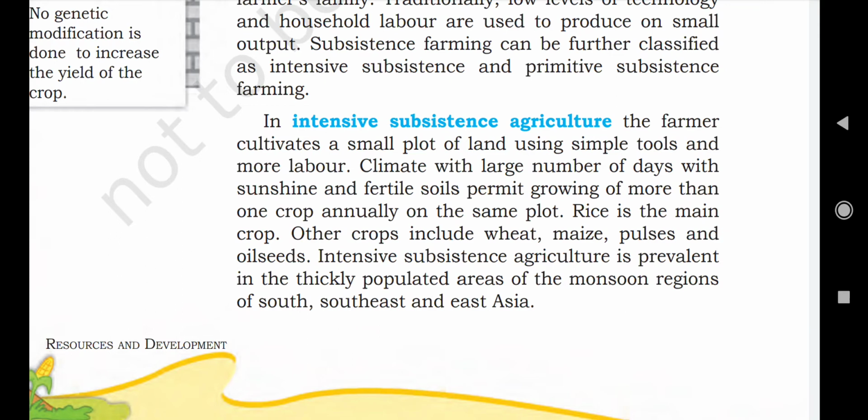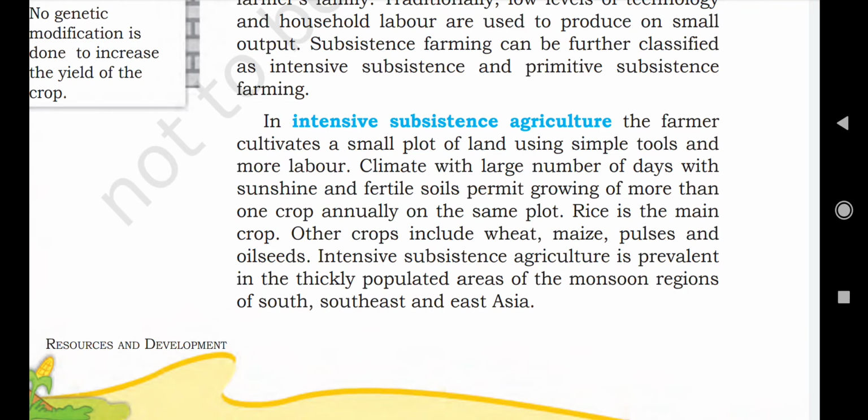Climate with a large number of days with sunshine and fertile soils permit growing of more than one crop annually on the same plot. Means in this farming, a farmer can grow only one crop annually on the same plot because of the rain. As I told you, they are not using the method of irrigation.